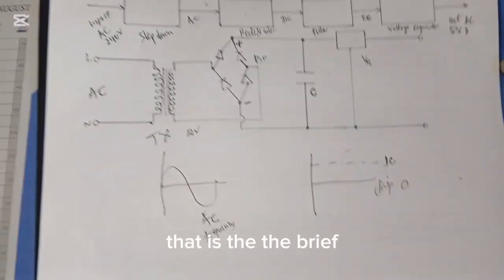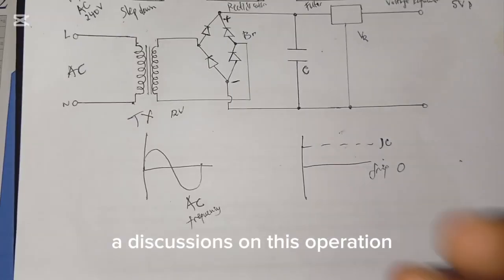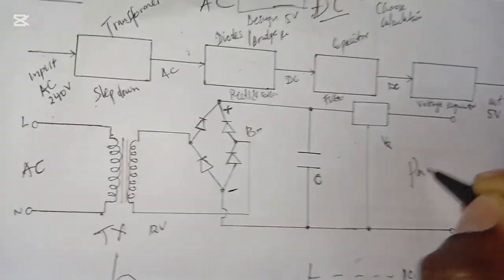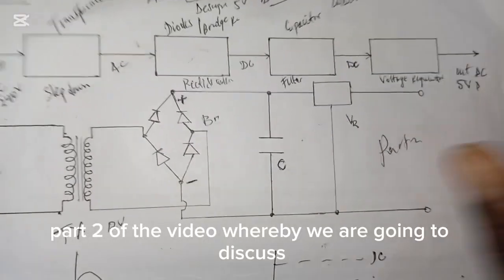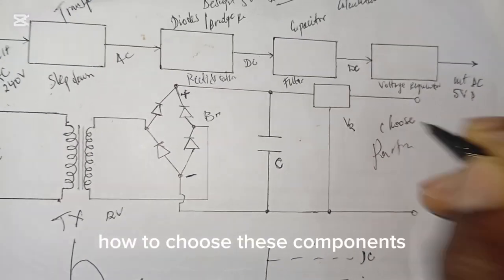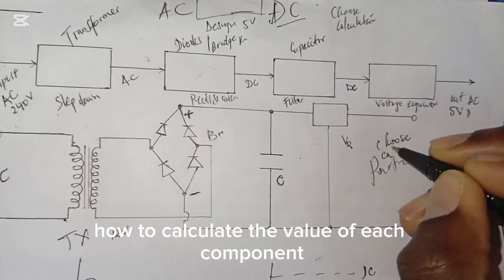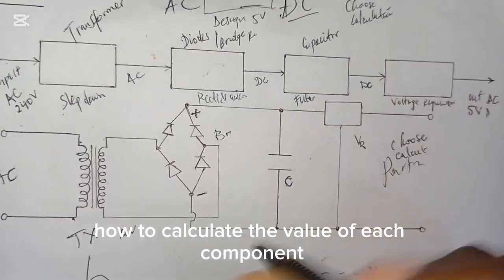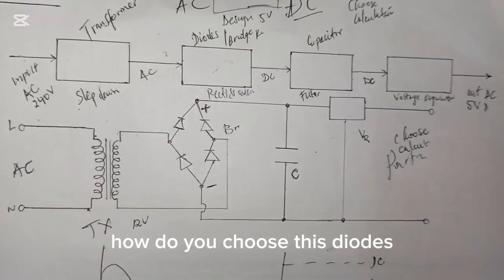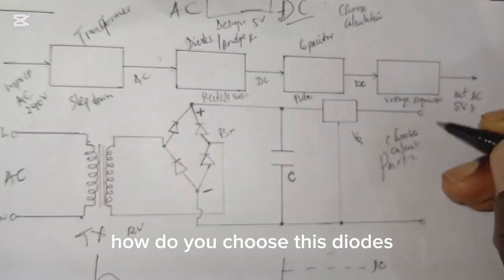That is the brief I wanted us to have, a discussion on this operation. In part 2 of the video, we are going to discuss how to choose these components, and how to calculate the value of each component in these circuits, as we have discussed here. How do you choose these diodes?